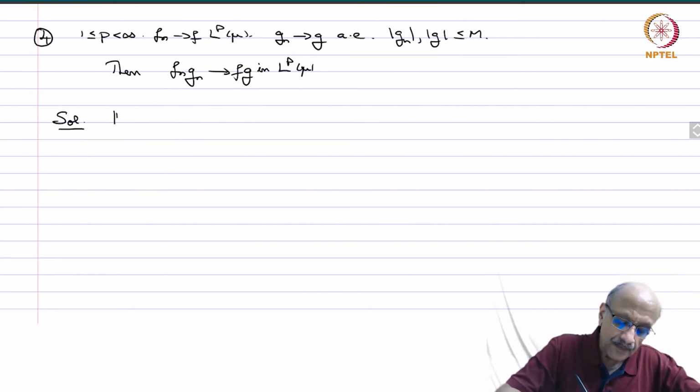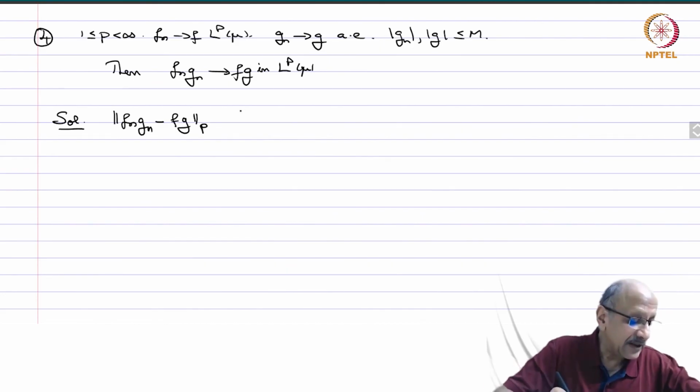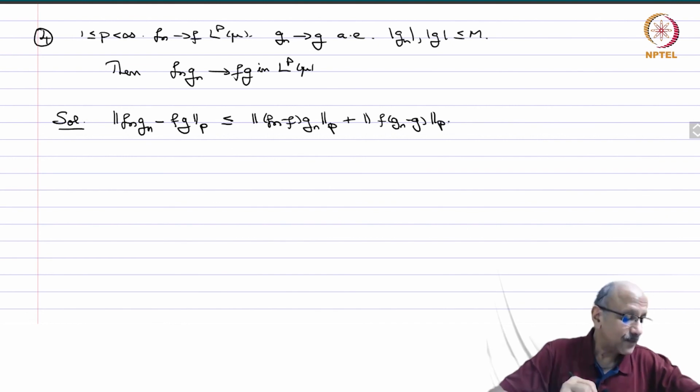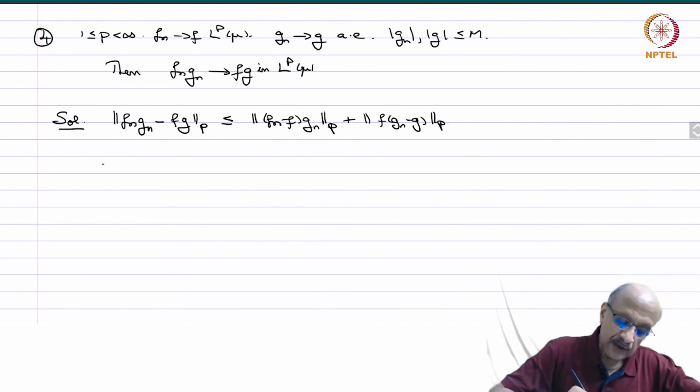So solution. Norm fn gn minus fg in LP, by the triangle inequality, is less than or equal to norm of fn minus f times gn in LP plus norm of f times gn minus g in LP. Let us take the first one, norm of fn minus f times gn in LP.